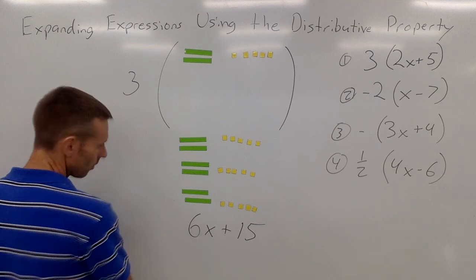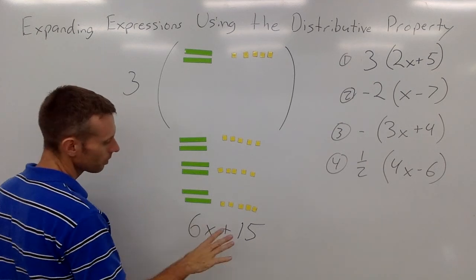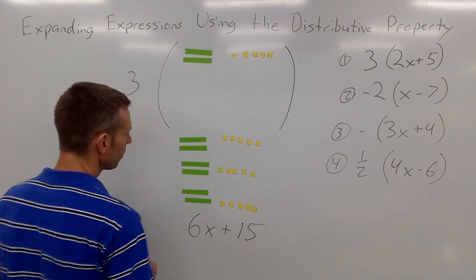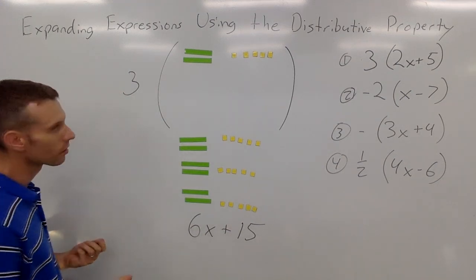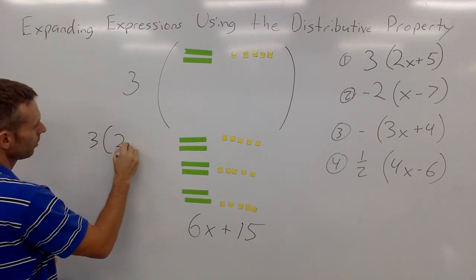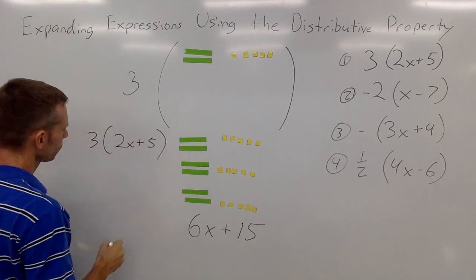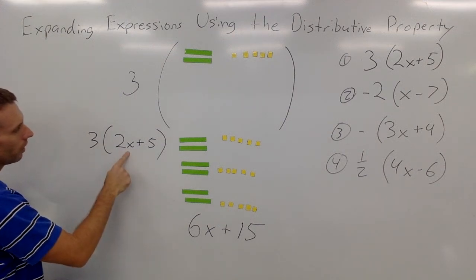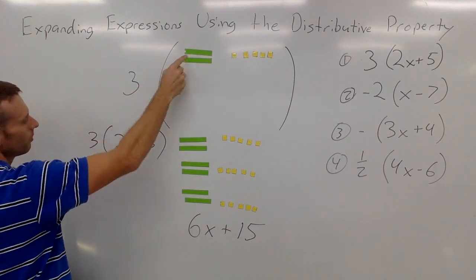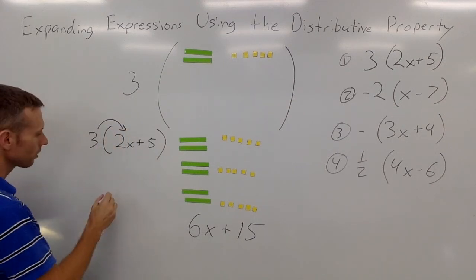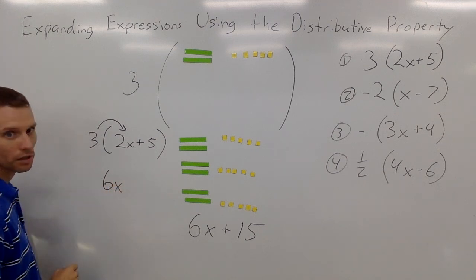Okay? Now, that's what this looks like for modeling this distributive property. What it looks like when we're not using the algebra tiles, we think of it this way. 3 times 2x, right? That would be the 3 times the 2x. And I usually draw an arrow right here. 3 times 2x gives us 6x.